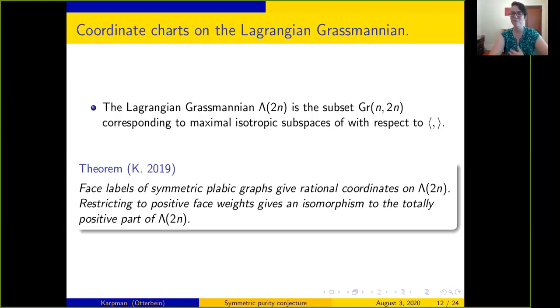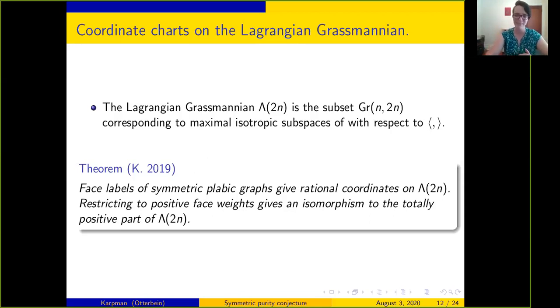And morally, the main theorem of my thesis was that these symmetric Plabic graphs give coordinate charts on the Lagrangian Grassmannian, in much the same way that Plabic graphs give coordinate charts on the ordinary Grassmannian, and that many of the really beautiful combinatorial results for ordinary Plabic graphs import nicely to the symmetric case. But one thing I was not able to address at that time was this face labeled story.